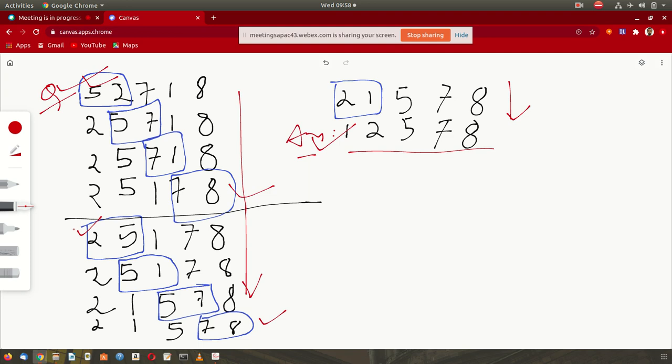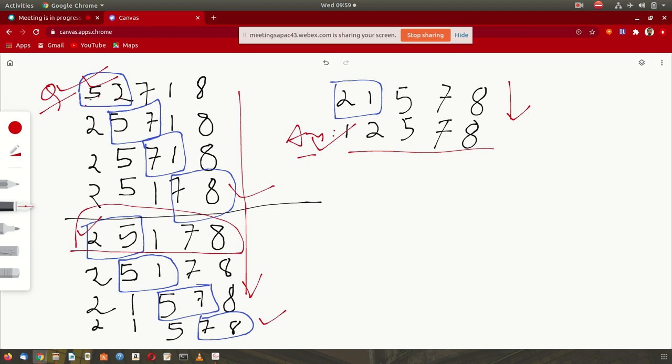When again I do from the first, then don't start from the question. The question given is 52718. After going from first to last, the number becomes 25178. So when I repeat from the beginning, now I repeat from here, 25178.